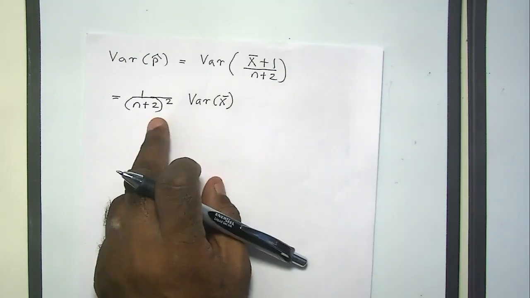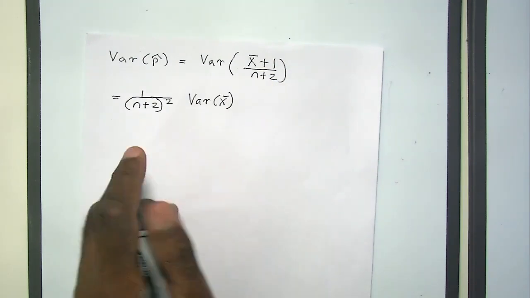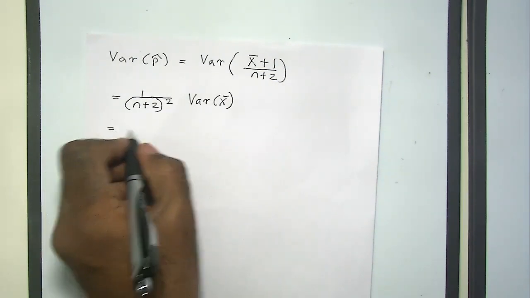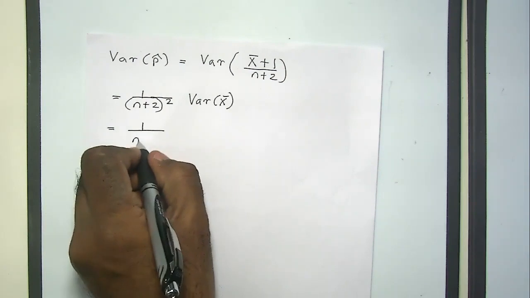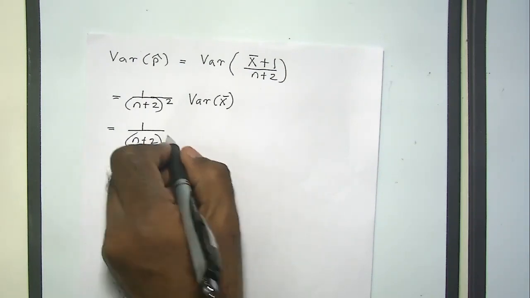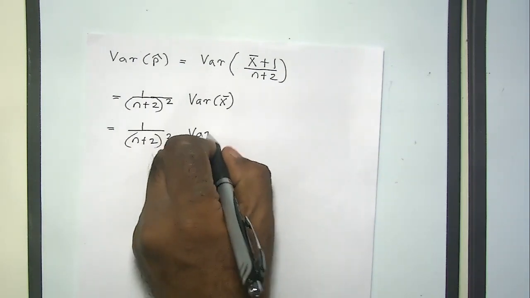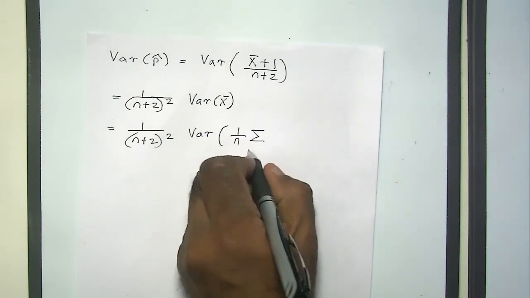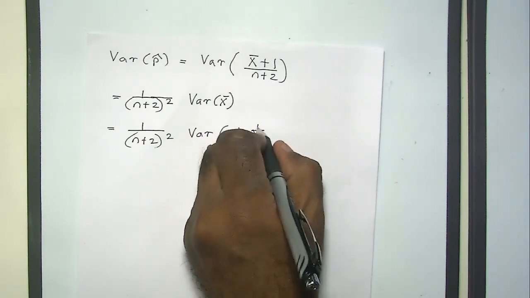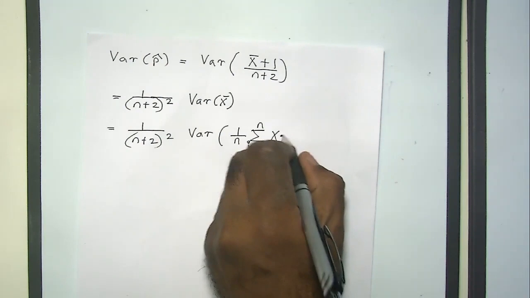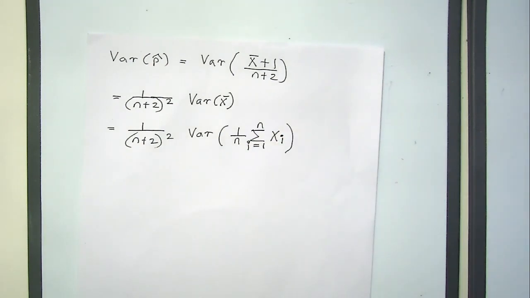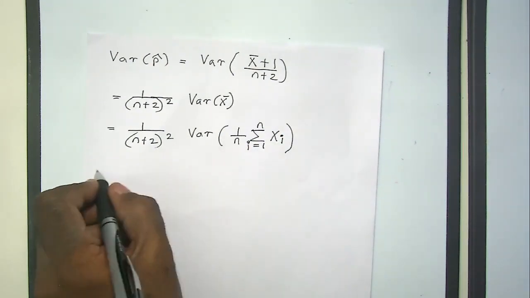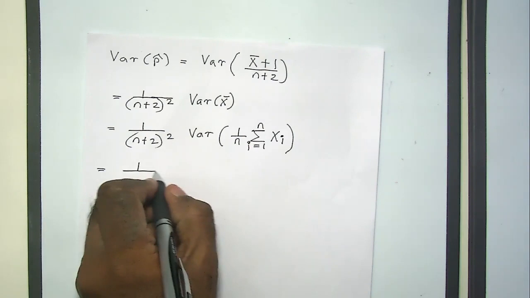When you take it outside, it becomes a square. Now I'm going to take the variance inside one more time.